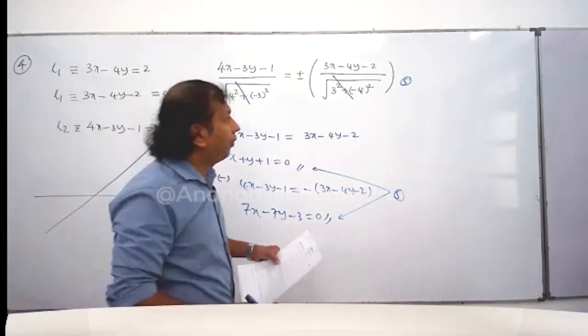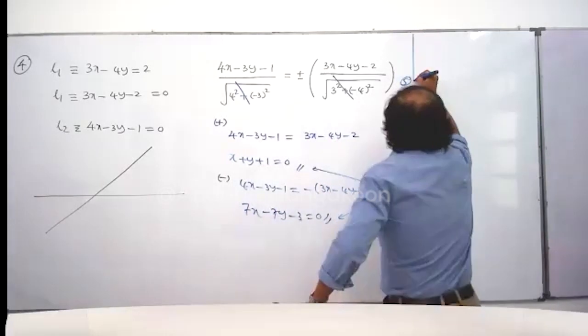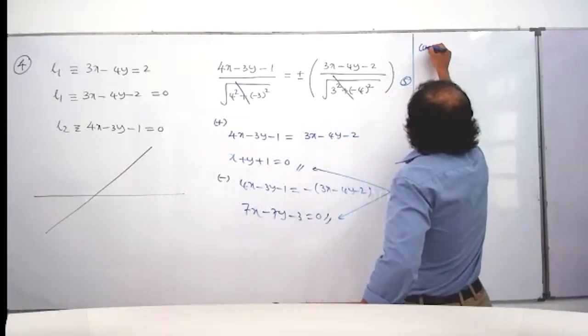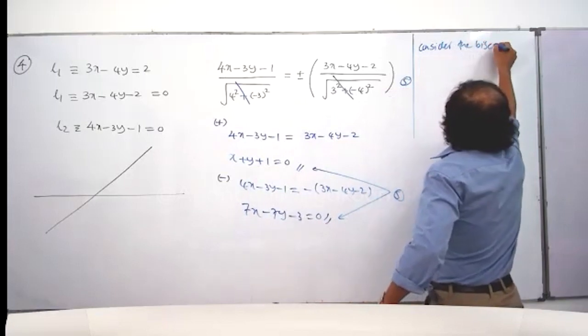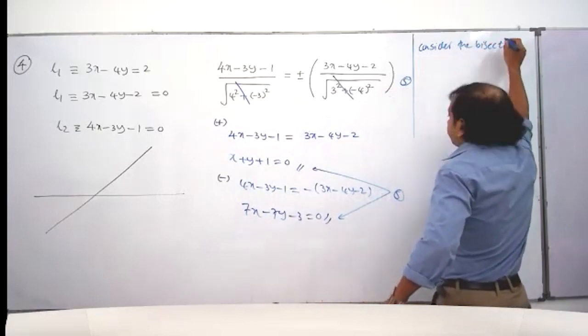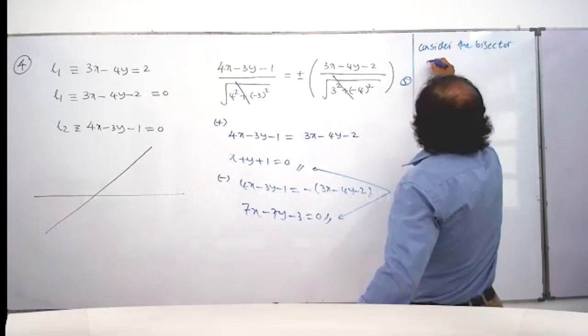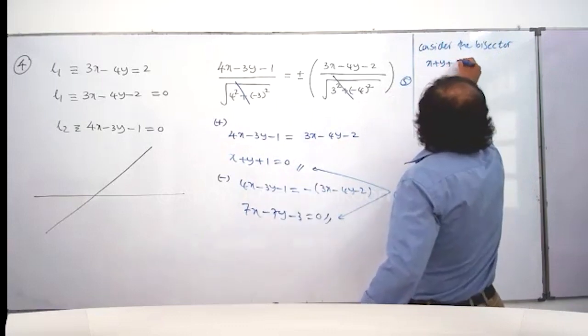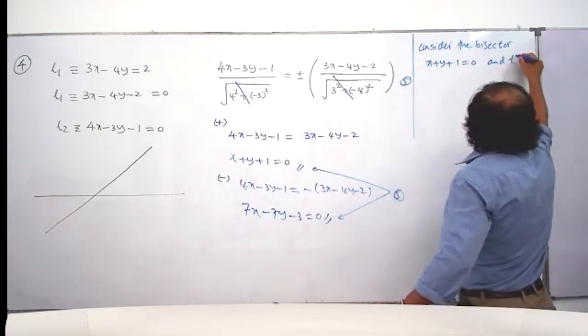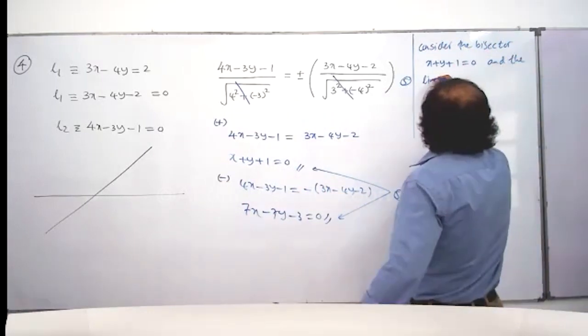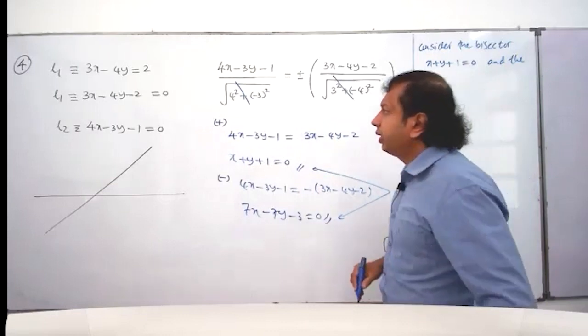Then I take, consider the bisector, x plus y plus 1 equals 0. And the line, we'll take any line out of these two we like.